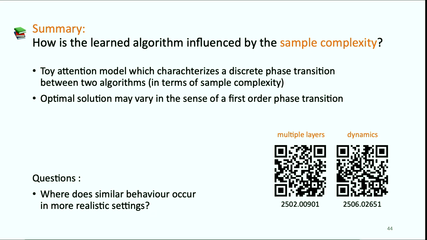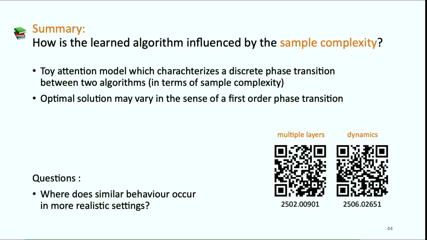I just showed you this very small toy model of the first layer of attention, where there were two mechanisms based on which part of the input was used. And then we looked at how they change, or which one is the better one depending on the sample complexity in terms of training loss, and then how they change.